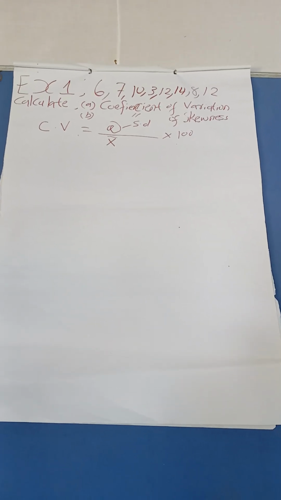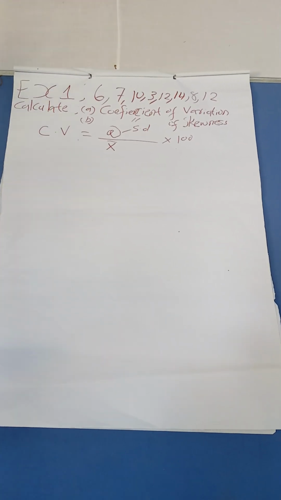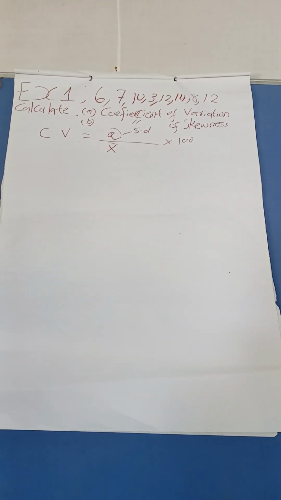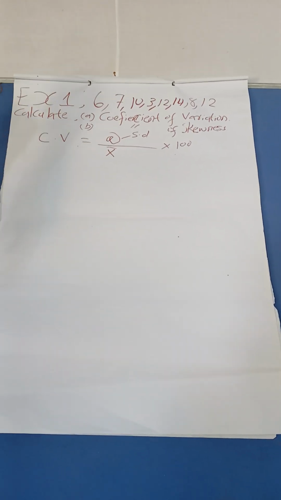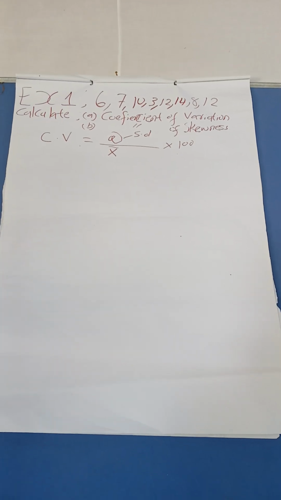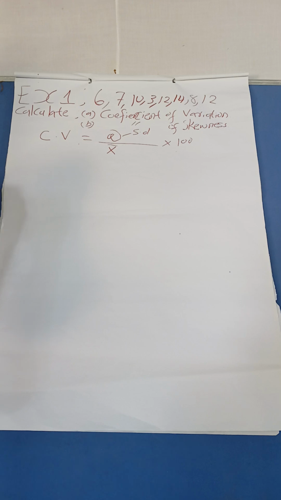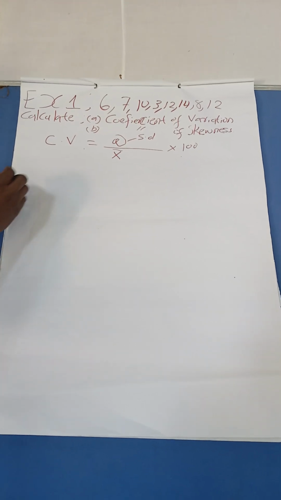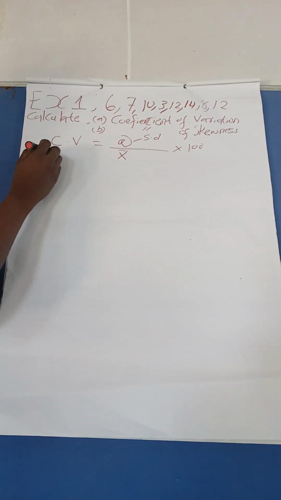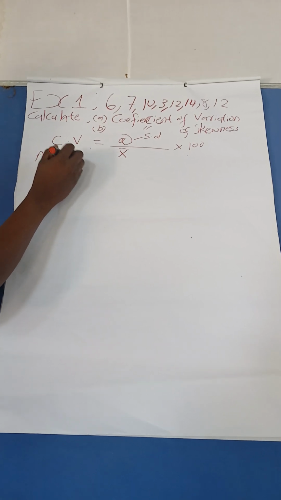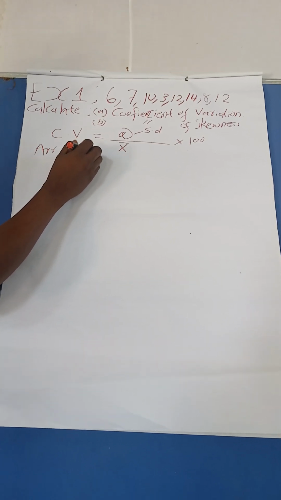Comrades, what you are supposed to do with this question, the first thing, arrange your data in ascending order at all times. The moment you have been given ungrouped data, arrange it in ascending order, from the smallest to the largest.